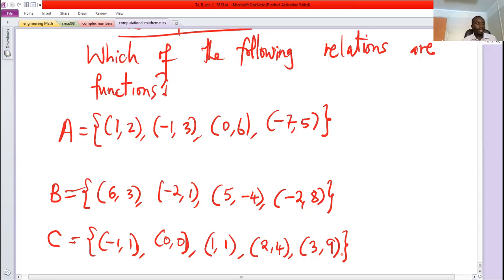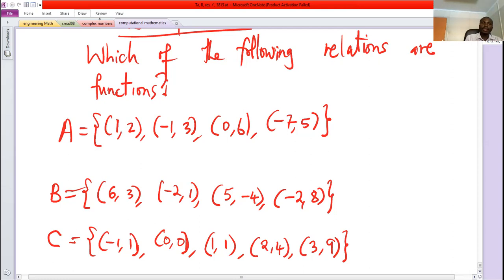The key thing is to scan through the first elements of all the pairs. If you are able to show that there is no pair that has the same first element with different second elements, then that will be a function. Otherwise, if we have distinct pairs with the same first element but different second elements, then that relation is not a function.